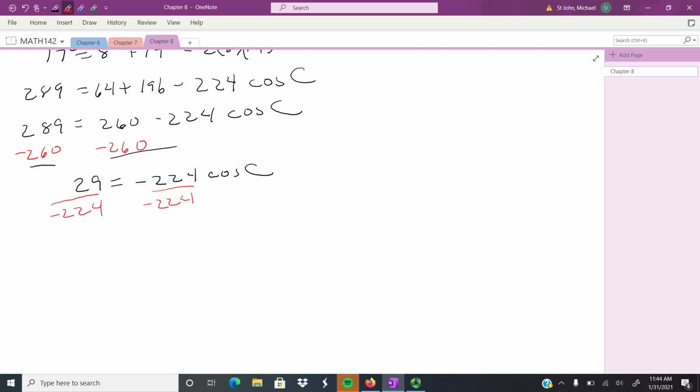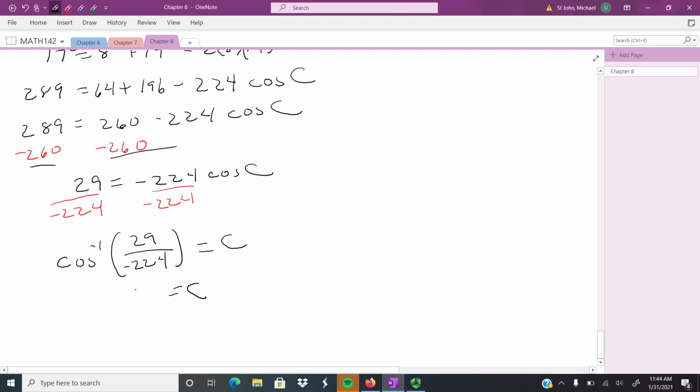And so we get the inverse cosine of 29 over negative 224 equals C. And angle C is going to be 97.4 degrees. Right, so that's the first thing we do.